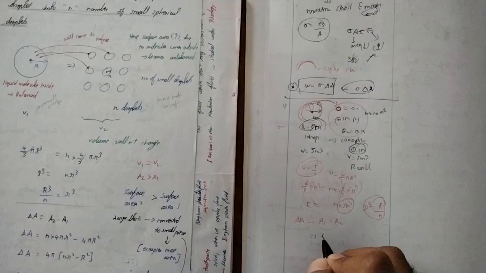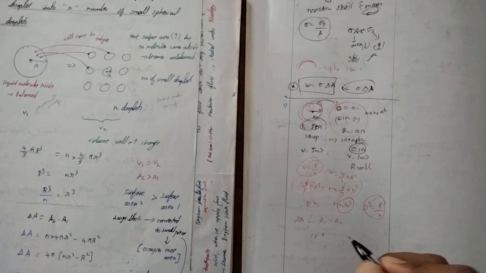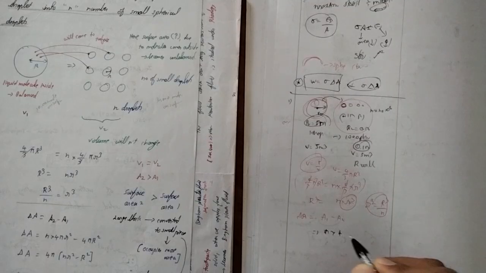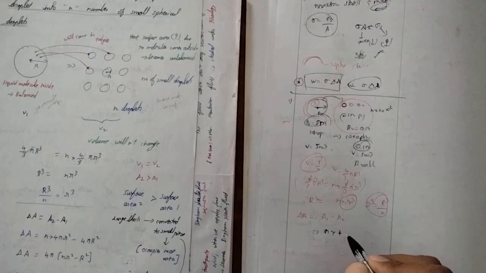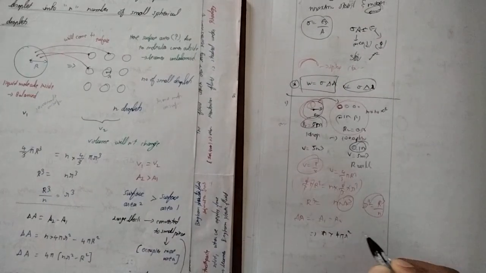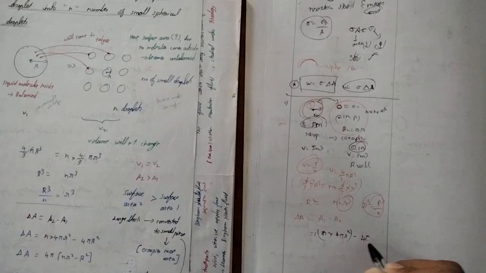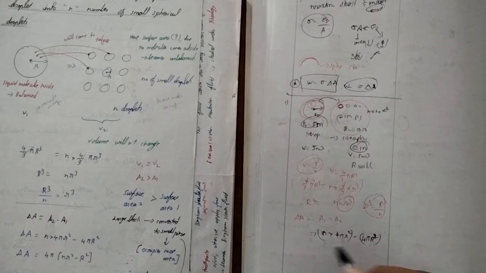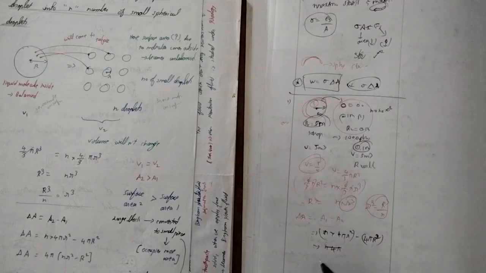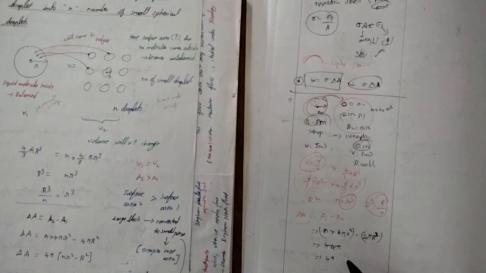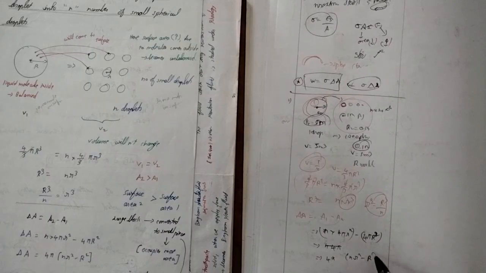Area 2 is n into 4 pi small r square, minus 4 pi capital R square. So 4 pi comes outside, and n r square minus capital R square.